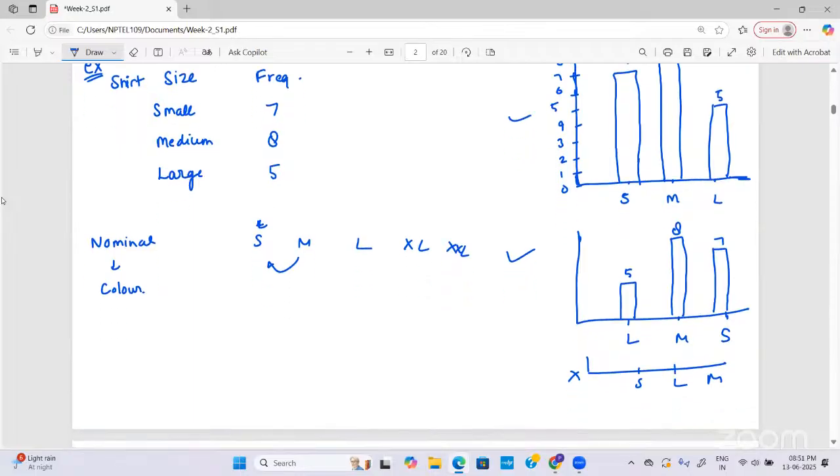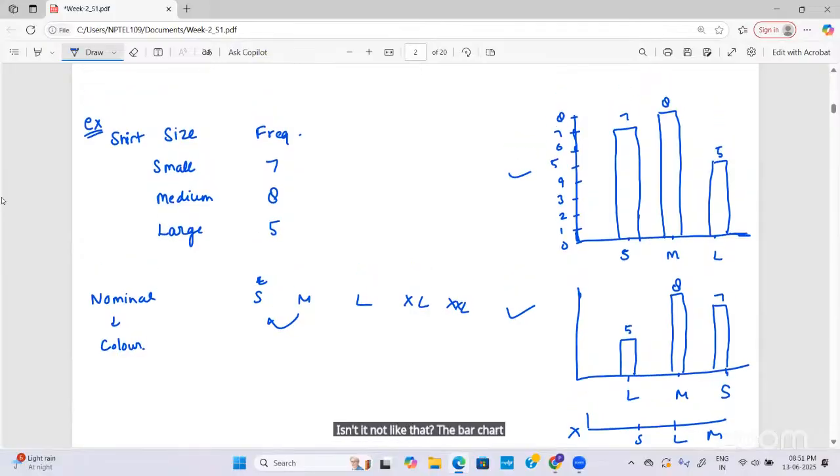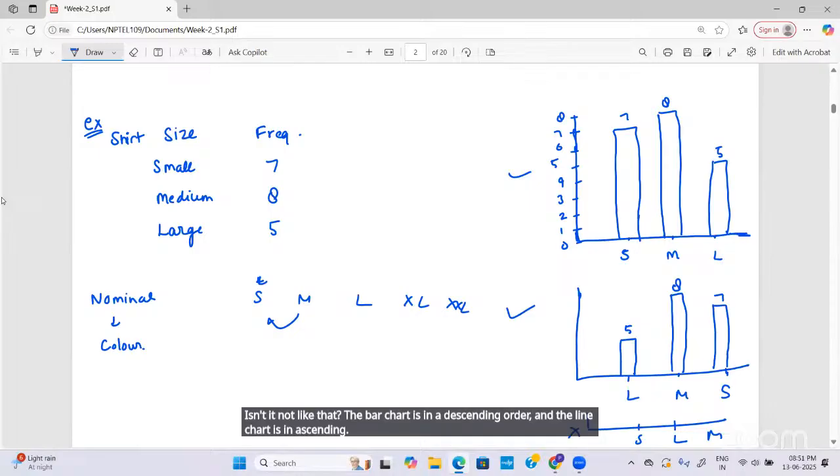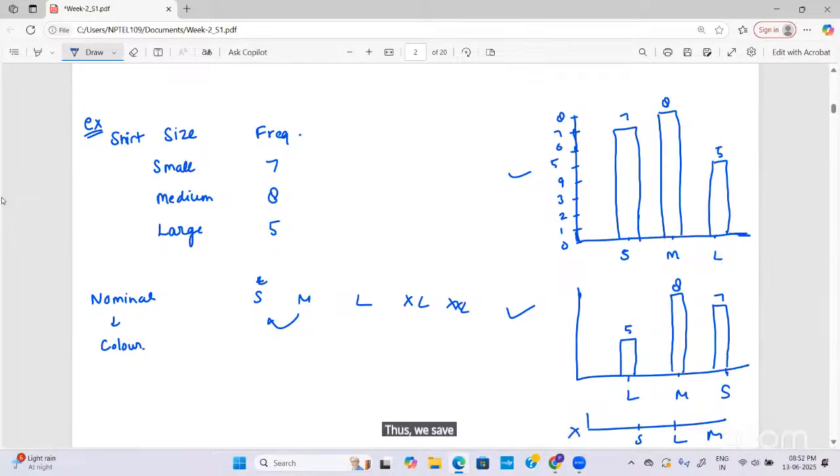Thus, we say the Pareto chart is both descending and ascending. Yes, ma'am also said this in the lecture. Okay, I'll check the Pareto chart, but here I am explaining about the ordinal variable.